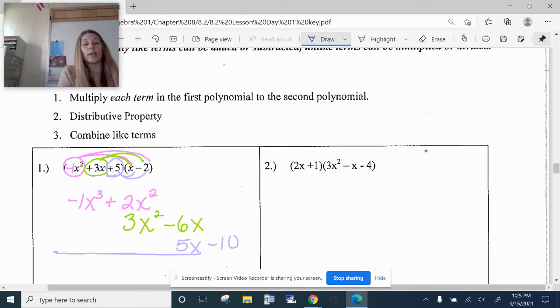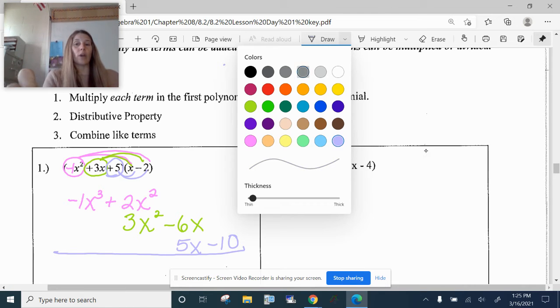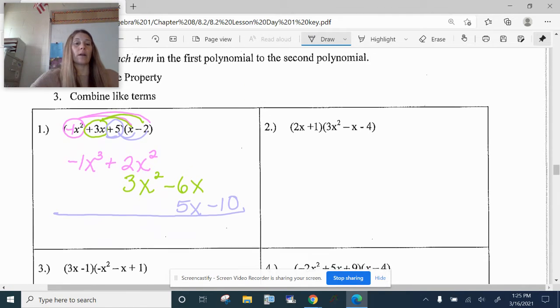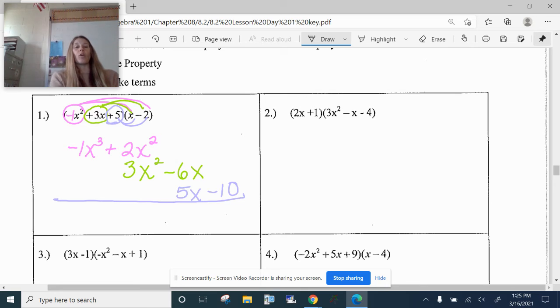Now notice each thing I distributed, I purposely did them in different colors so you guys kind of keep track of what I was doing there. But I always stacked whatever answers I got from the next step underneath any like terms. So when I got the 3x squared, I put it under my 2x squared. When I got the 5x, I put it under the negative 6x.